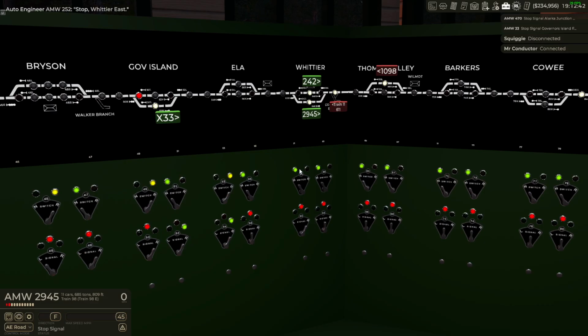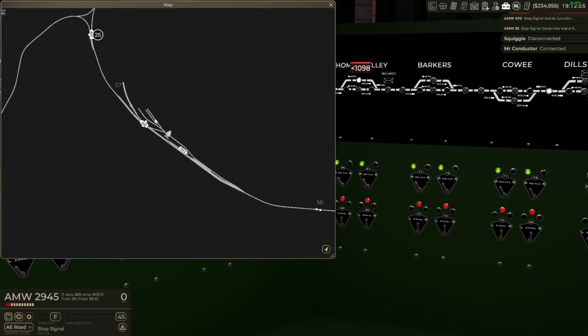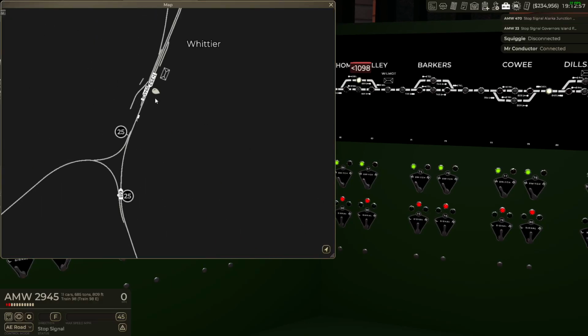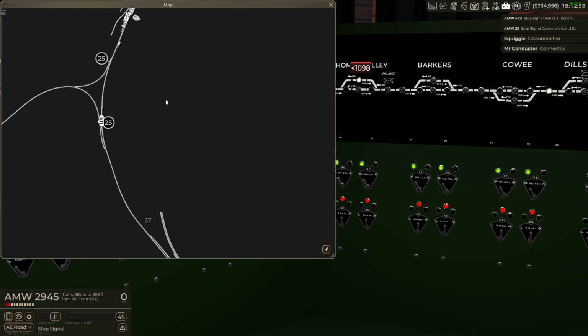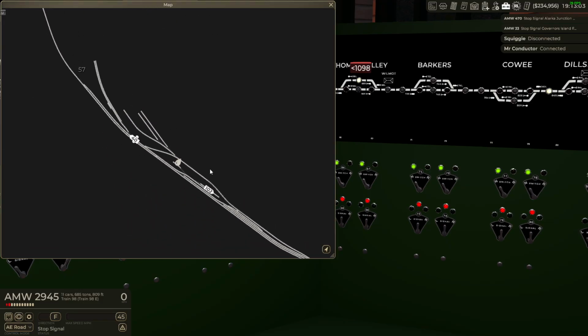Hey, East Whittier. I don't know if you heard over the road channel. There's apparently a Mexican standoff at Whittier proper. Is there any way we can kind of shove back into your yard limits? Get out of the way. Actually, one of the opposing trains you're staring at needs to go into that yard.